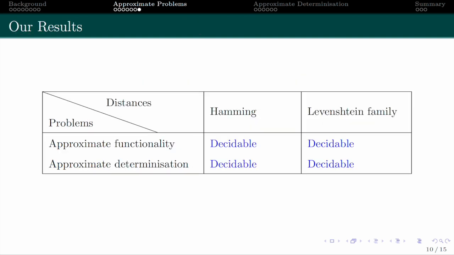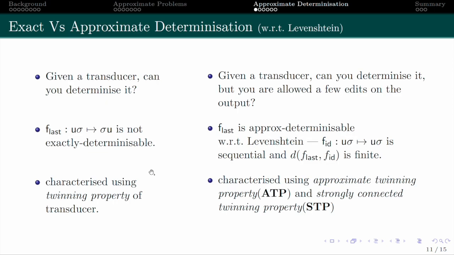And our results are as follows. Both approximate functionality and approximate determinization are decidable with respect to Hamming and Levenshtein family of distances. So let me give you the characterization for approximate determinization with respect to Levenshtein. In exact determinization, you ask, given a transducer, can you determinize it?